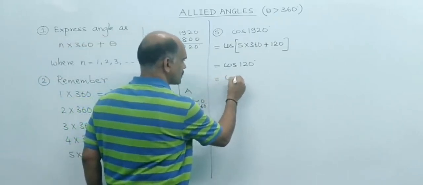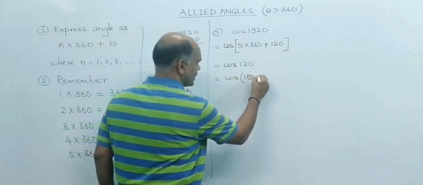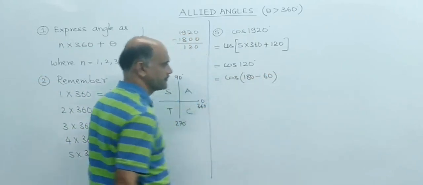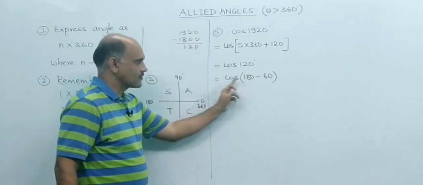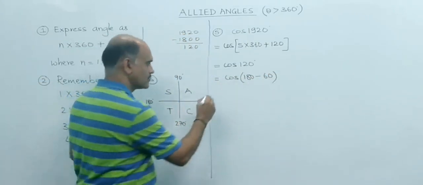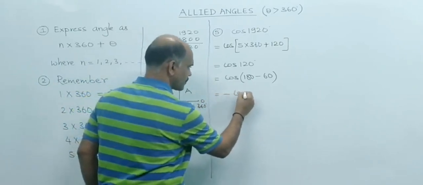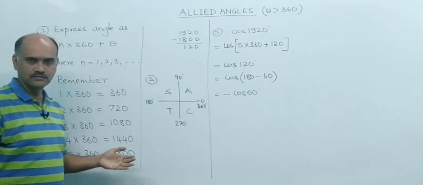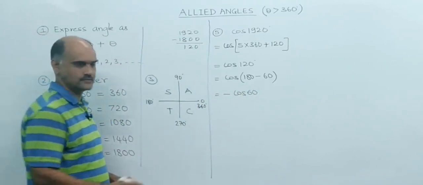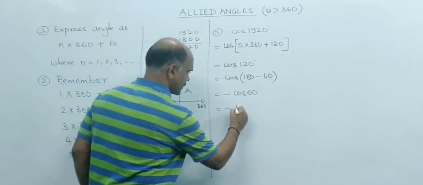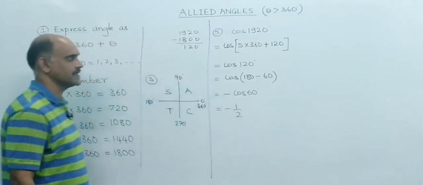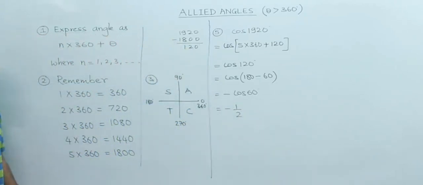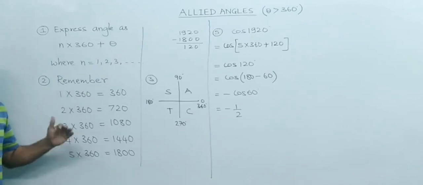So you will have cos of 180 minus 60. In the second quadrant cos is negative. So you will have minus cos 60. Now substitute the value. Cos 60 is 1 by 2. So you will have the answer minus 1 by 2. Clear, students?